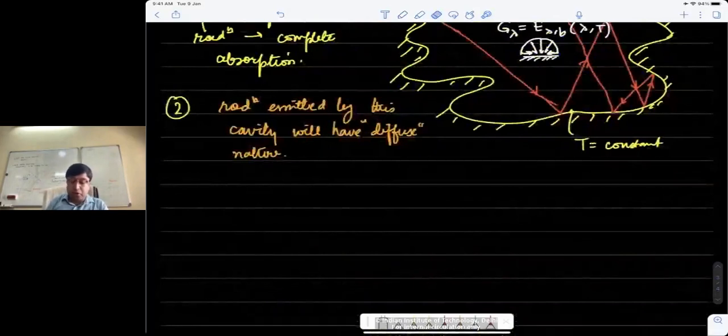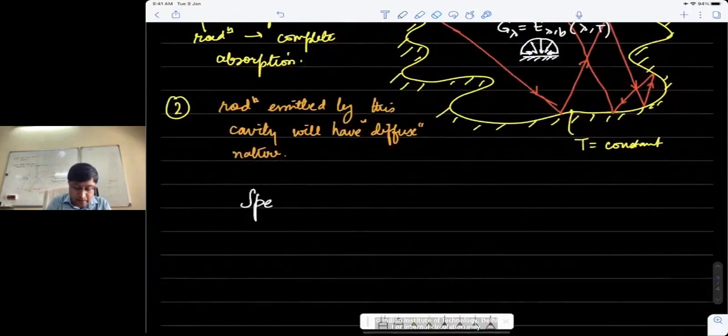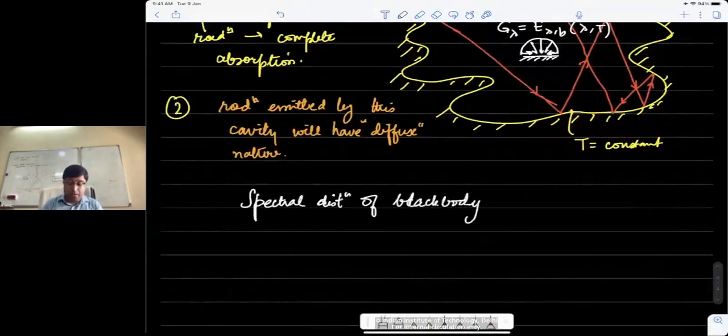So this spectral distribution is what was derived by Planck. The spectral distribution of a black body begins with defining the spectral intensity I lambda B, which is a function of lambda and temperature.